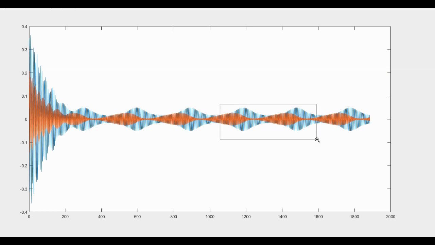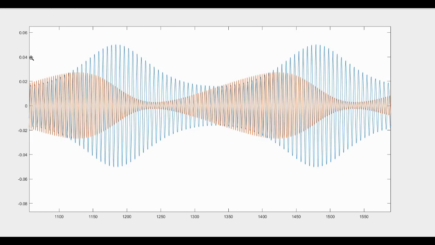It's periodic also, but now it is definitely not 0.04. It is more like 0.05, and the red amplitude, which is the amplitude of x2, is also significantly more than 0.02. It's something else.